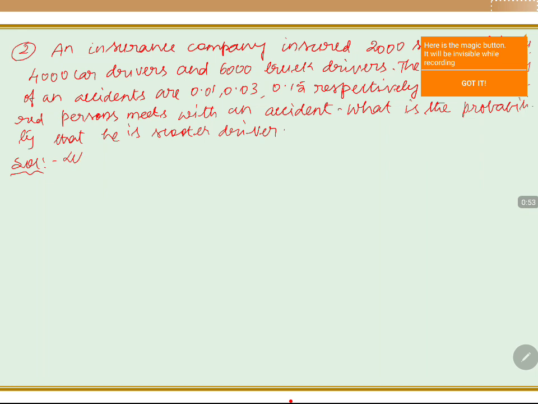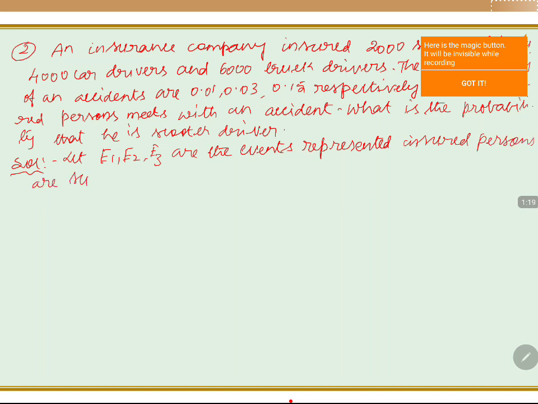So first we'll take three events. Let E1, E2, E3 be the events representing insured persons, where the insured persons are scooter, car, and truck drivers respectively.